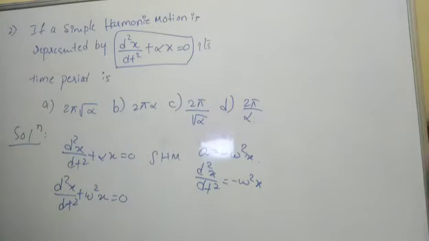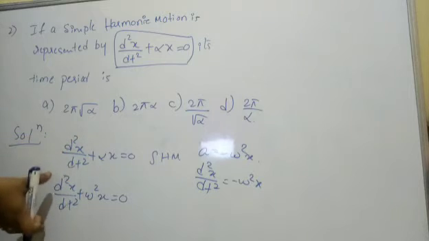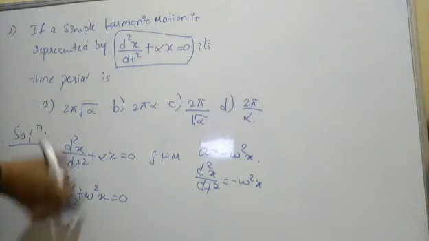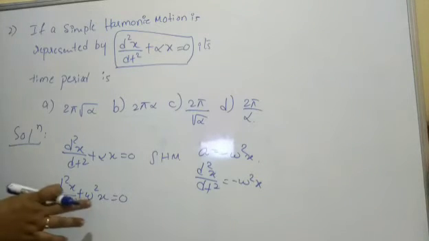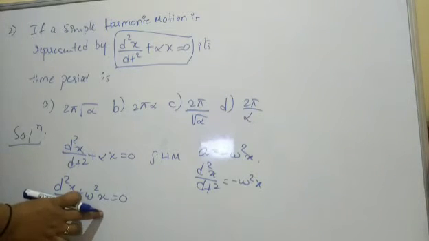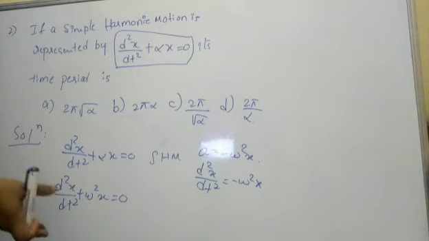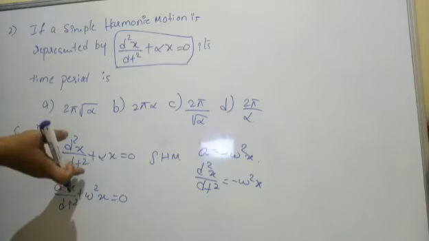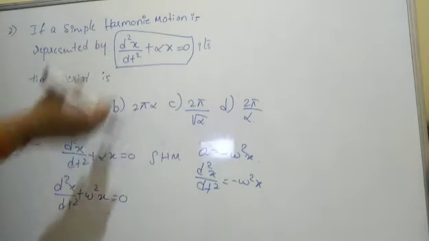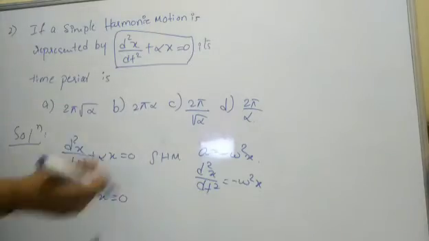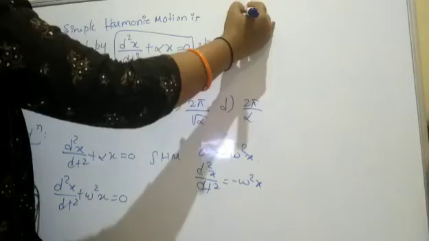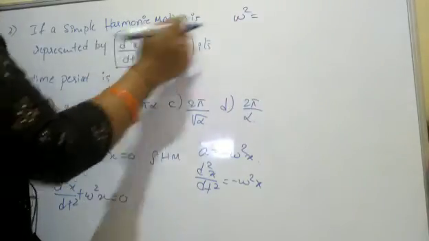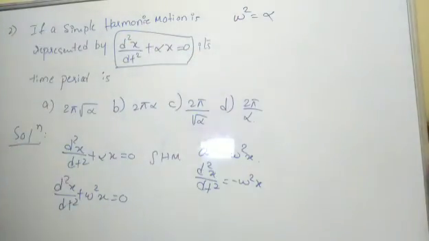Both are similar to each other. If you consider any particle executing simple harmonic motion, this expression will be observed, and it is nothing but the acceleration of the particle. The only difference is that omega squared corresponds to alpha here.